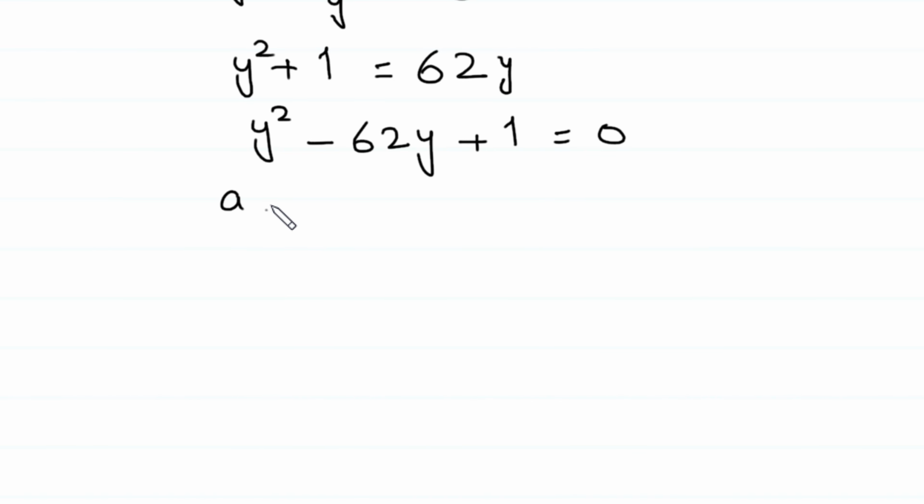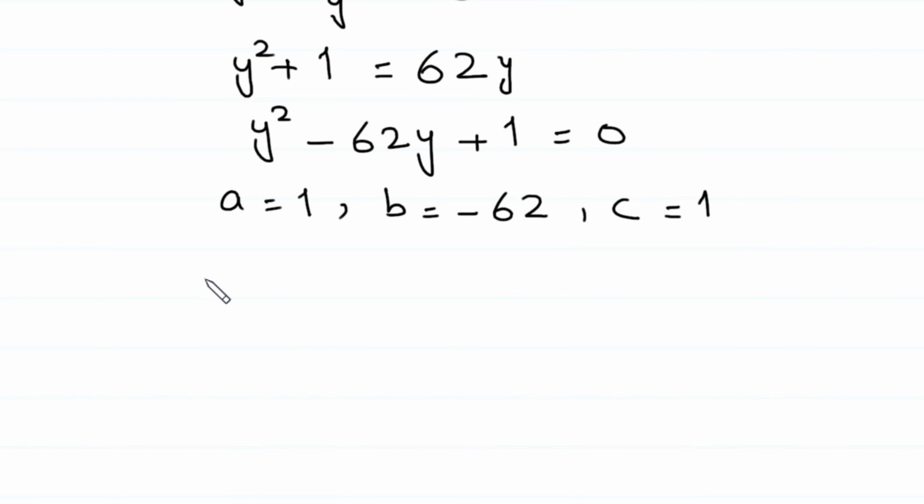Here a is equal to the coefficient of y square, 1, and b is equal to the coefficient of y, negative 62, and c is equal to the constant 1.